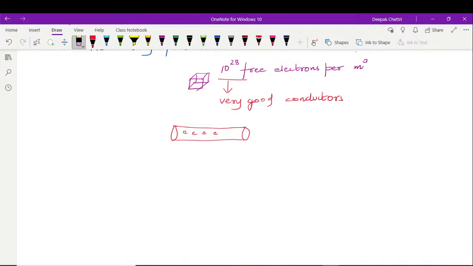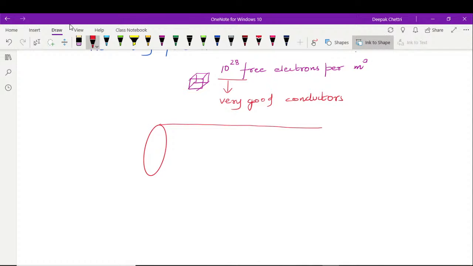Let me draw a bigger picture. So the electrons inside will be in motion, but the problem is that the motion is random motion.